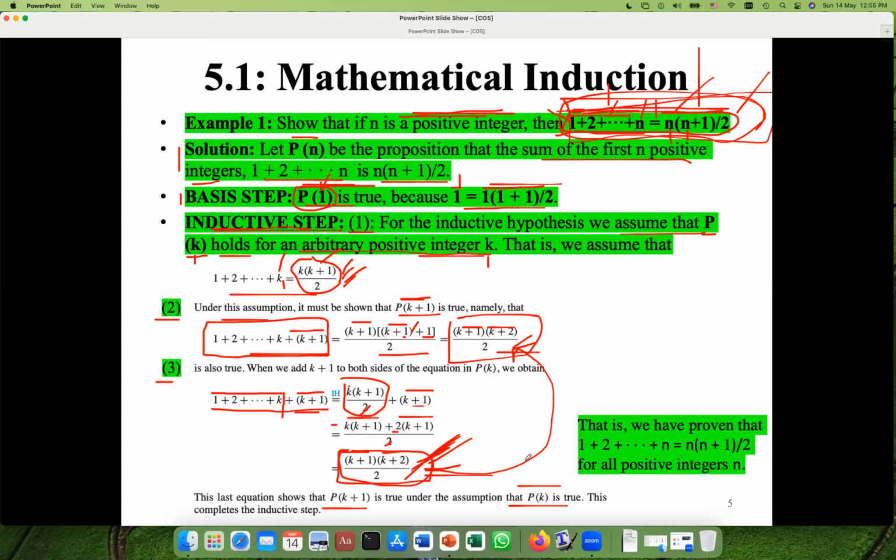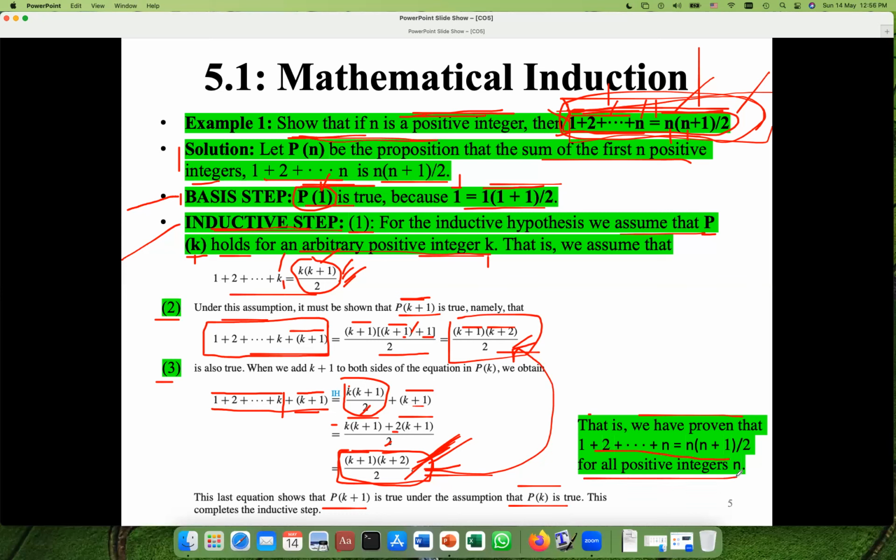And now what is the last statement you can say? When you have shown that the basis step is true and the inductive step is also true, the last statement is this: the first thing that you supposed, P of n, which is your propositional function, equal to this equation, is true for all positive integers n.